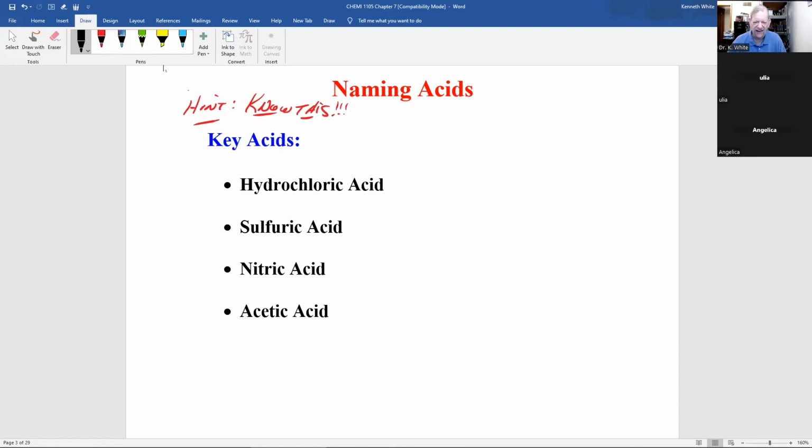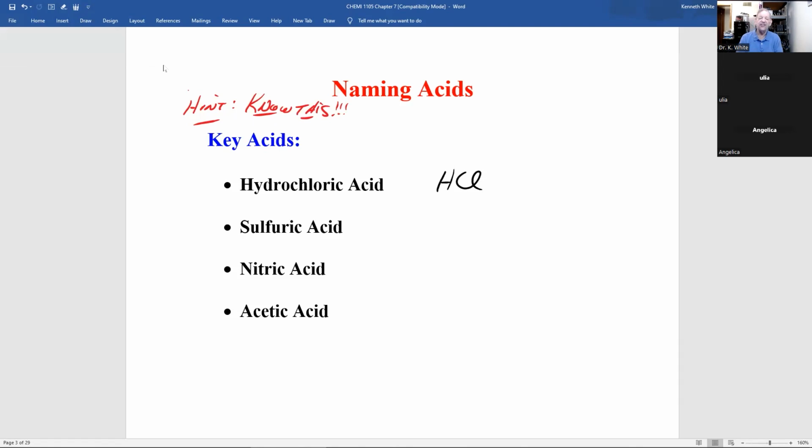Hydrochloric acid is HCl, and that's the acid in your stomach that breaks down food. One of the great miracles of life in my mind is that you and I have cells in our body that make hydrochloric acid.